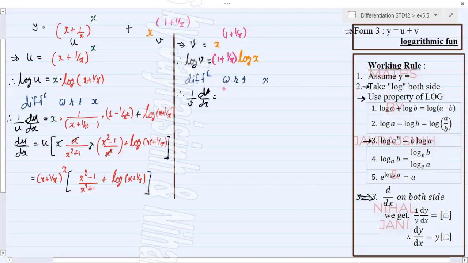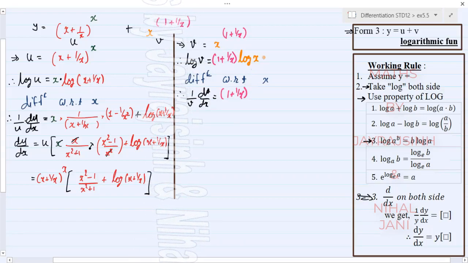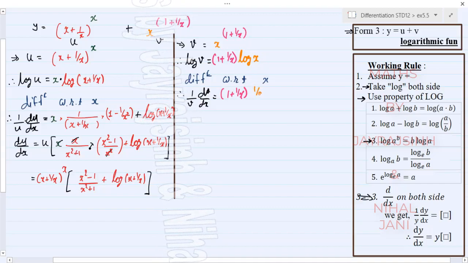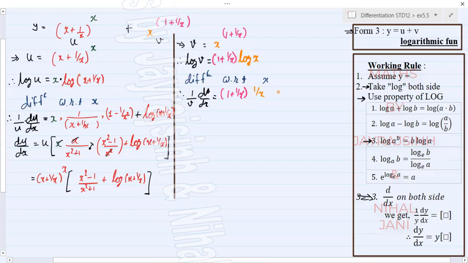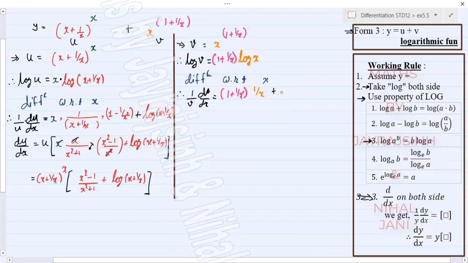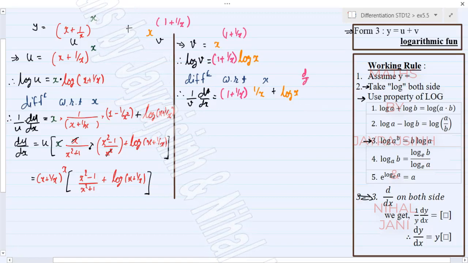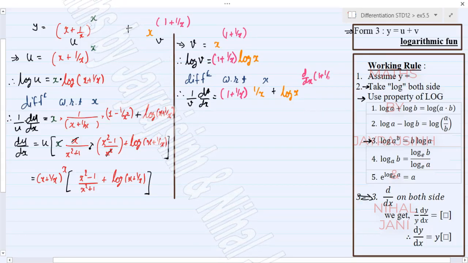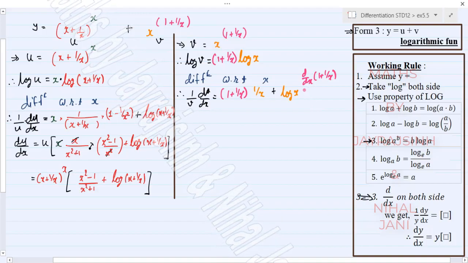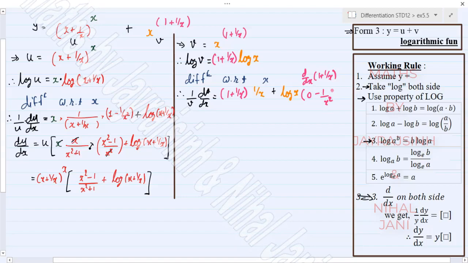In the first step your 1 plus 1 by x will be as it is. Differentiation of log x will be 1 by x plus. In the second step your log x will be as it is. Differentiation of 1 plus 1 by x will be 0 minus 1 upon x square.